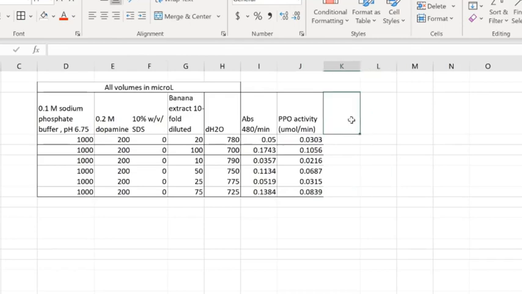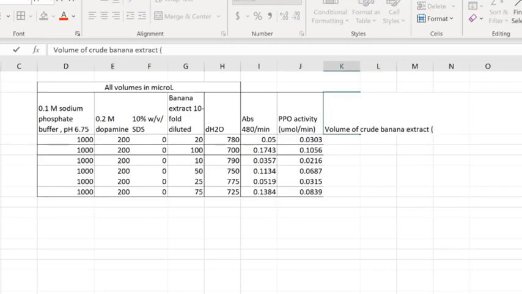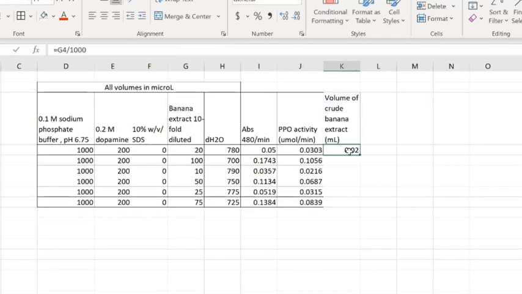So for convenience, I just write volume of crude banana extract, and the unit I want is milliliter. So I'm taking all the values from the banana extract and I'm dividing by 1000. Then I can pull down and get all the banana extract volumes in milliliter that were used in this experiment.